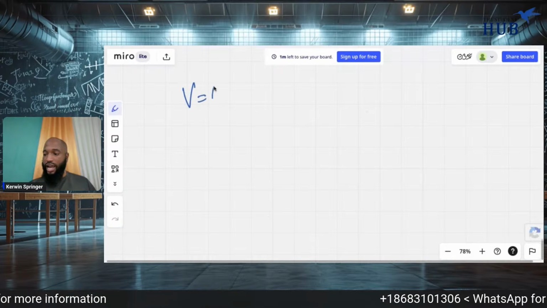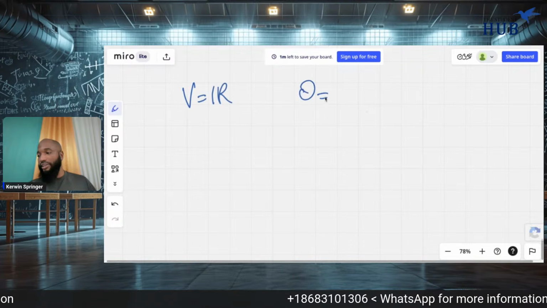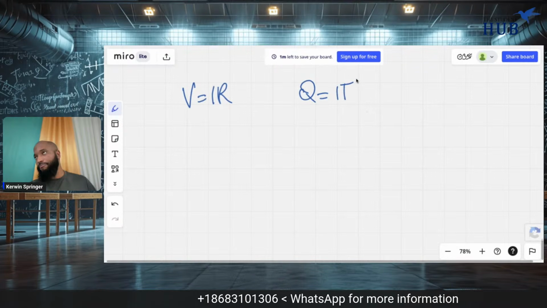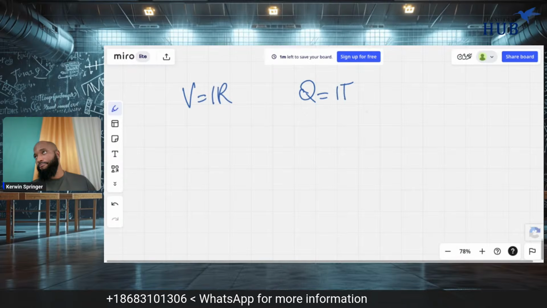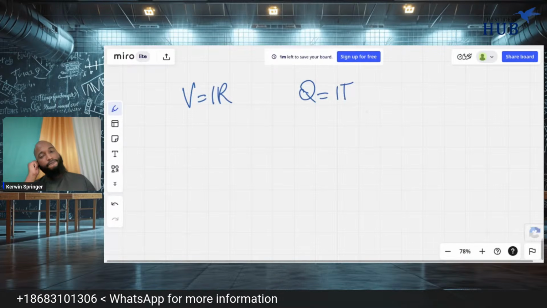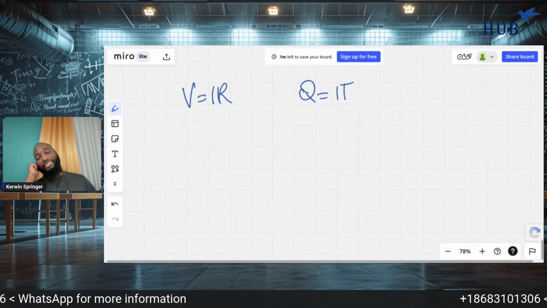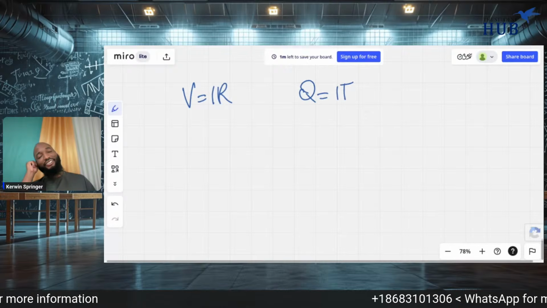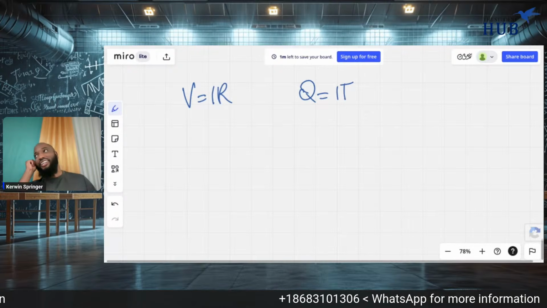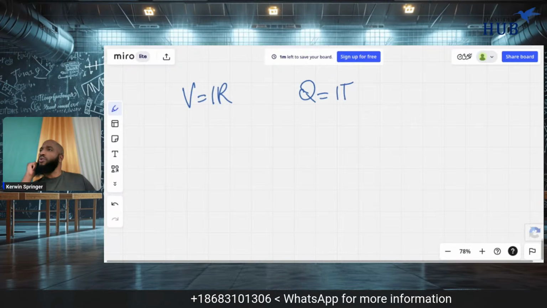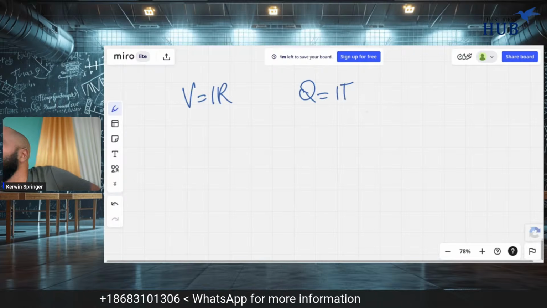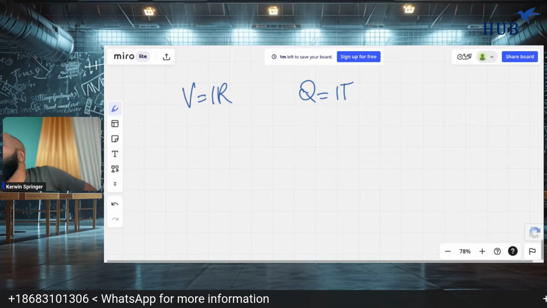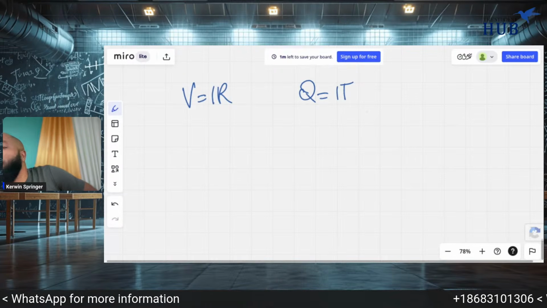We have V equal IR, Q equal IT. Give me some more. No, V equal IR, sorry. I want these simple, quick equations.